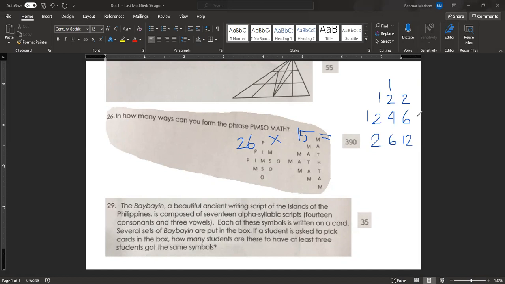So, wait lang. Why is it? I think it's 7. 1, 2, 4, 5.